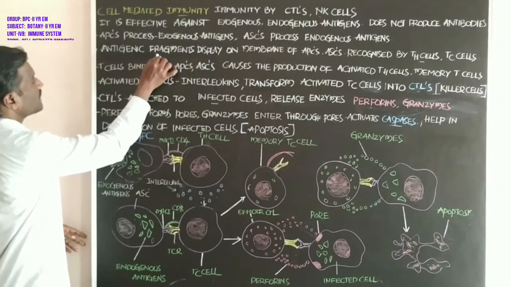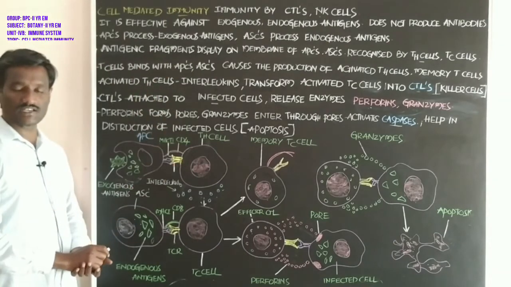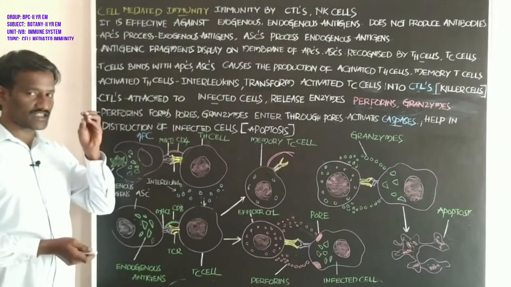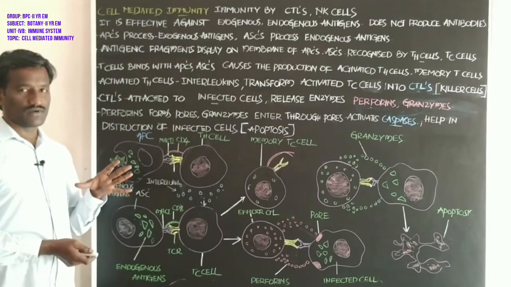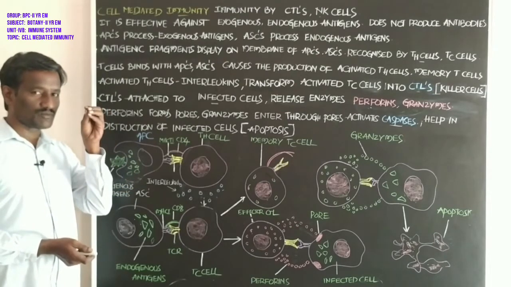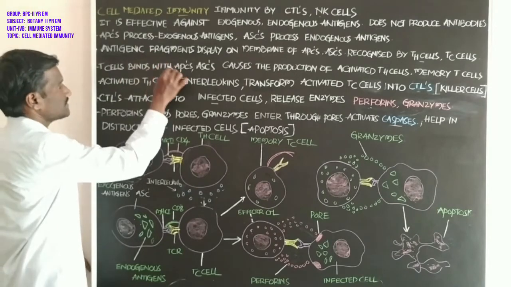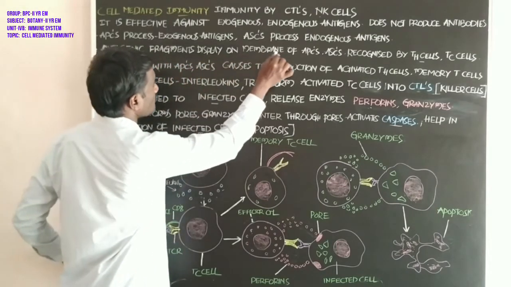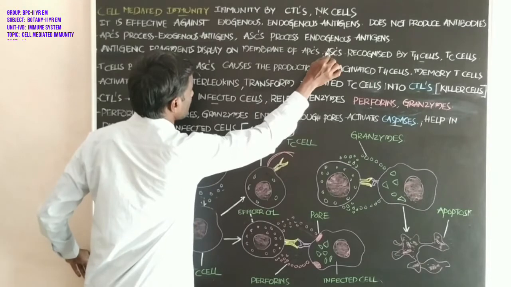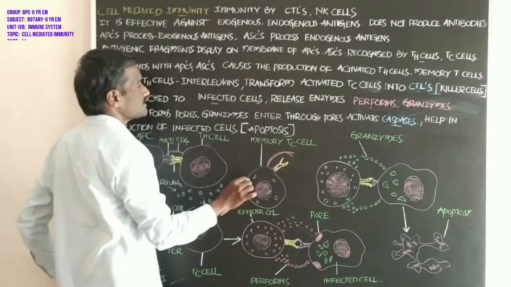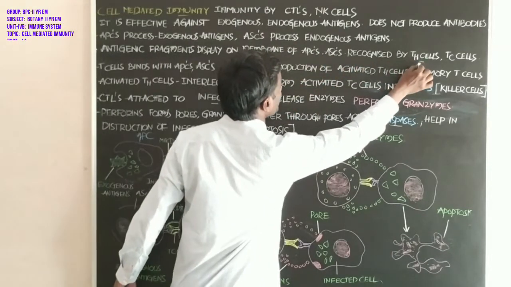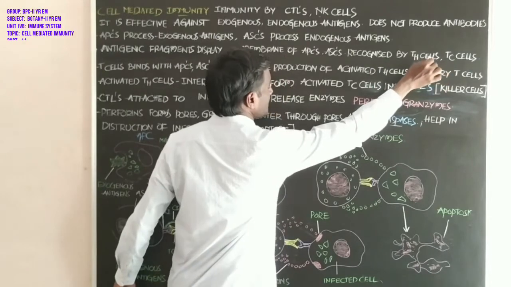Next, antigenic fragments, antigenic determinants, antigenic parts. Antigenic fragments are displayed on the membrane of APCs and altered self cells, and are recognized by T helper cells and TC cells.